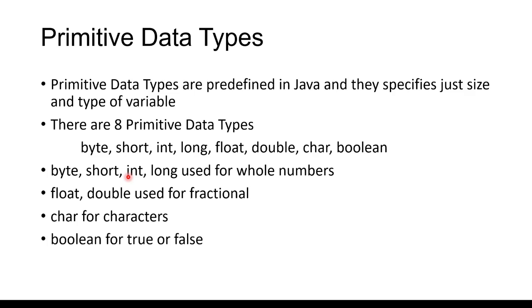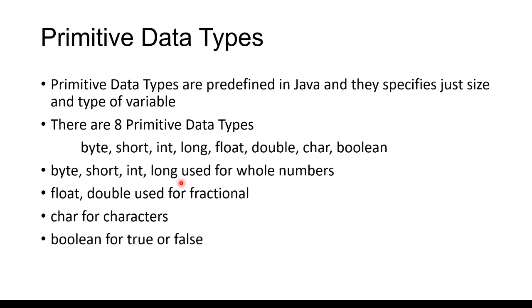Byte has its own range of values, short has its own range, and int has its own range. Byte can store a smaller range of values than short, short can store a smaller range than int, and the same way for long. So these are used for whole numbers.